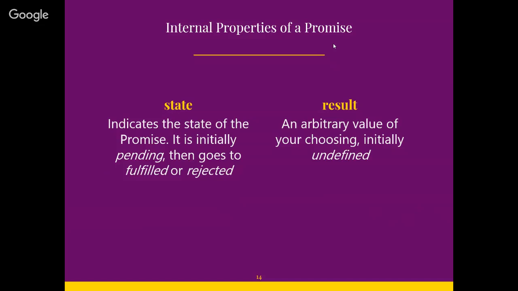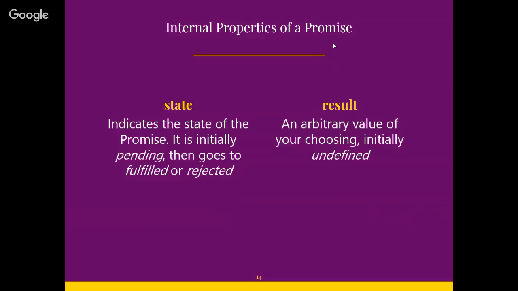As you noticed, we took a look at the three states, and if we access the state property, it will tell us what the state of the promise is at the time that we're accessing the state property of the promise.